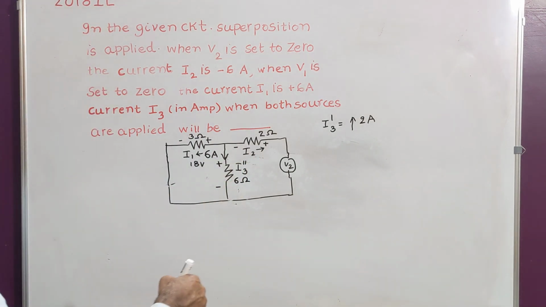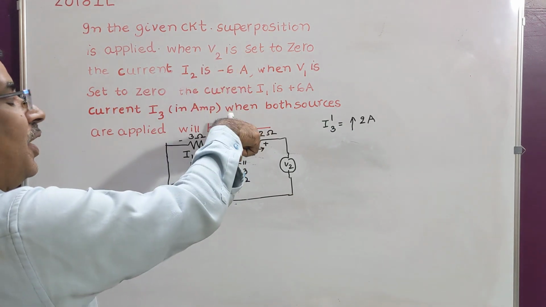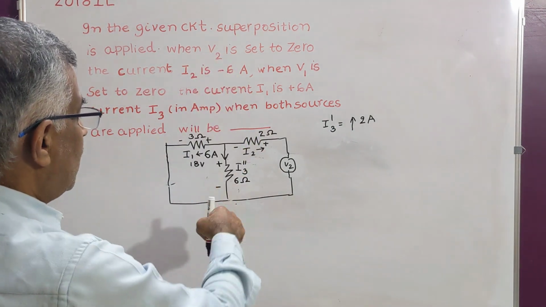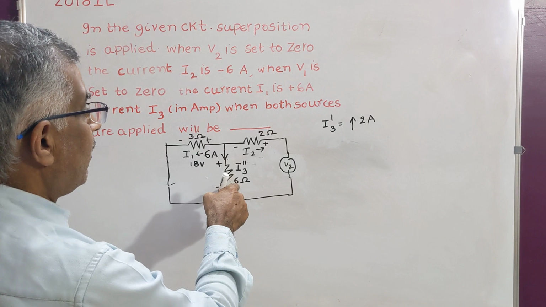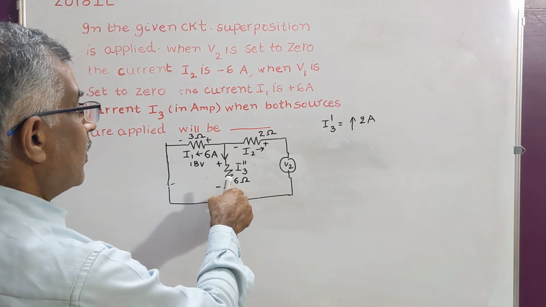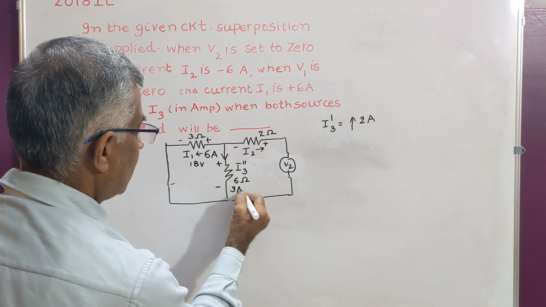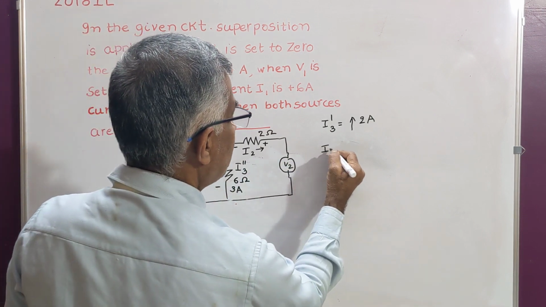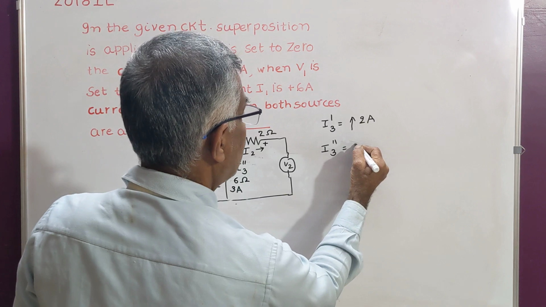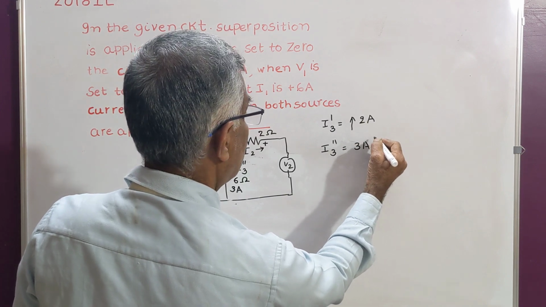That means I3 double dash will be downwards. 18 volts divided by 6, that is 3 amperes. So I3 double dash is 3 amperes downwards.